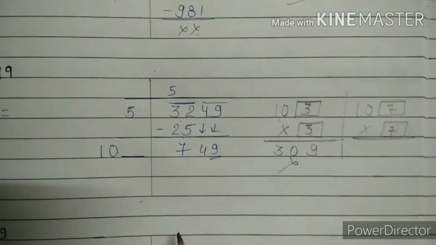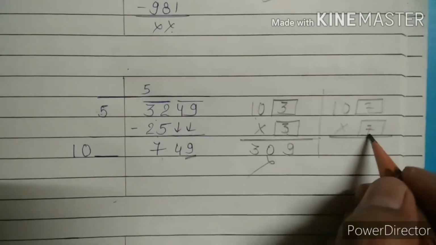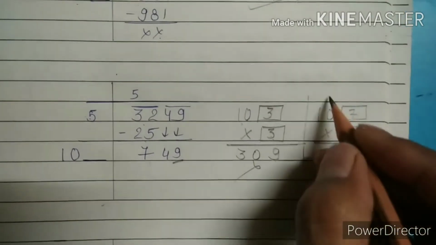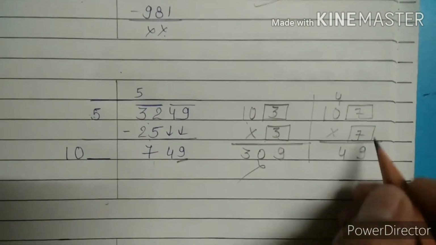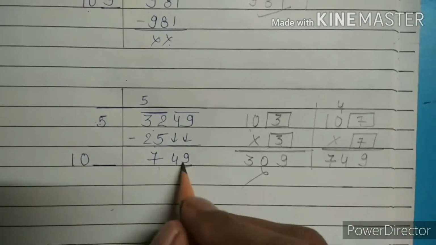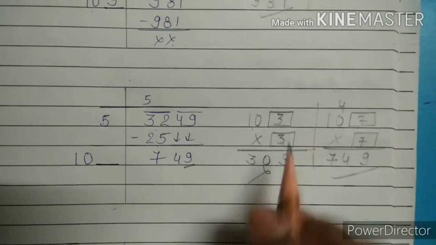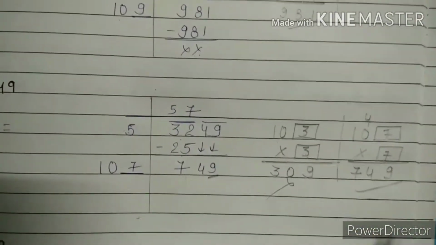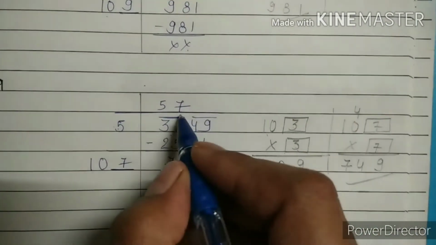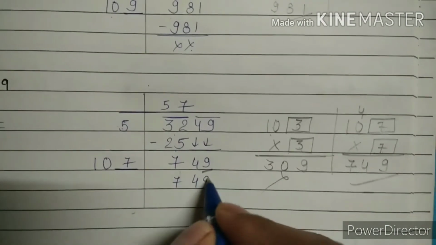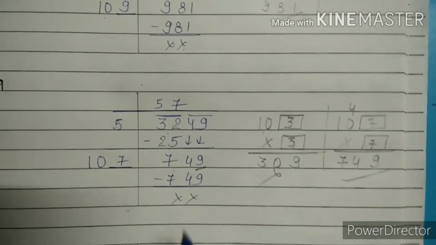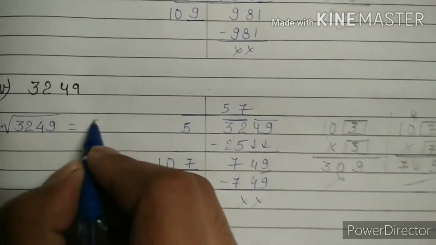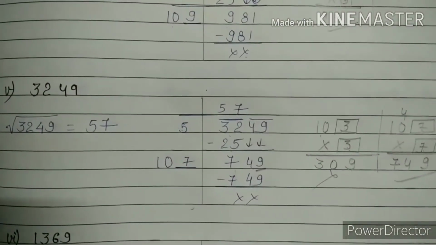That is wrong because we want 749. Let's see for 7. 7 sevens are 49, 9, 4, again 4 will come, and 7 ones are 7. Just the same. So we put 7 on both places. 107 multiplied by 7 is 749. After subtraction, nothing. So the square root of 3249 is 57.